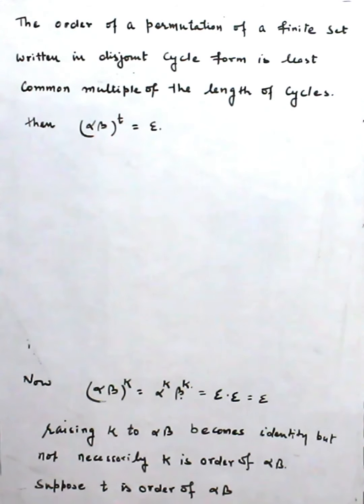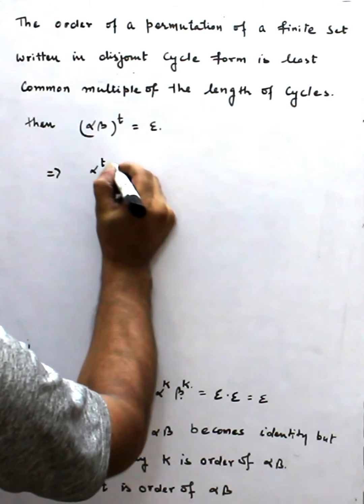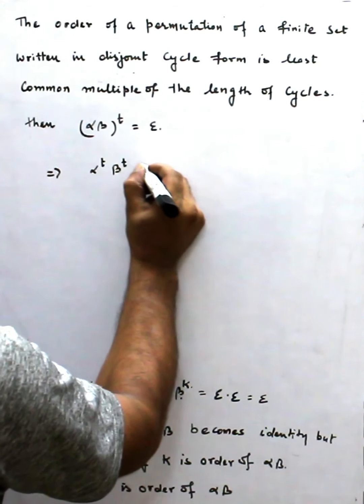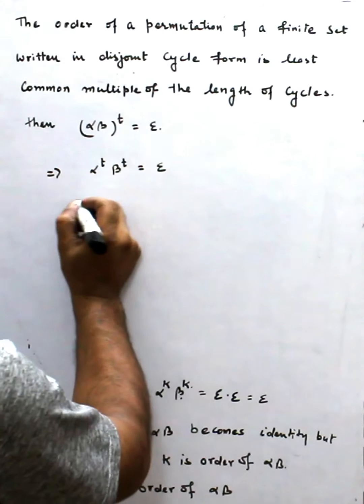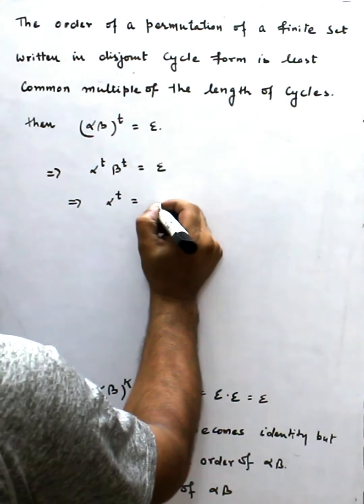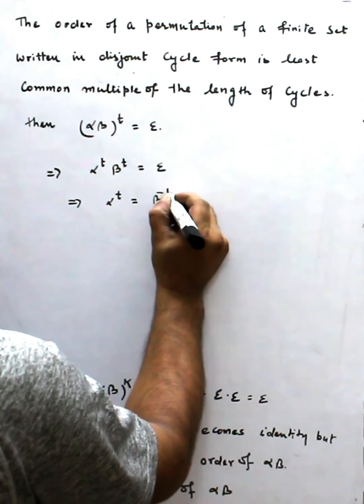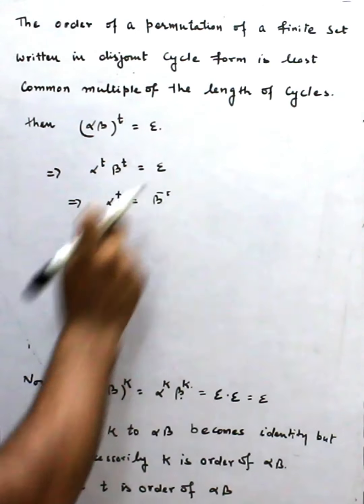This means alpha t beta t is equal to identity, and this I can write as alpha raised to t is equal to beta raised to minus t, by taking beta to the right side.